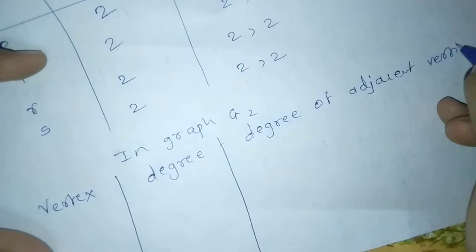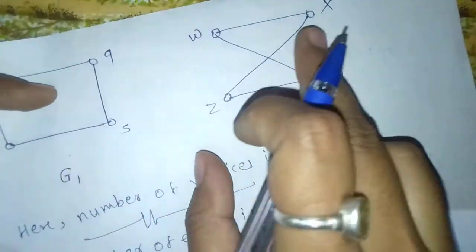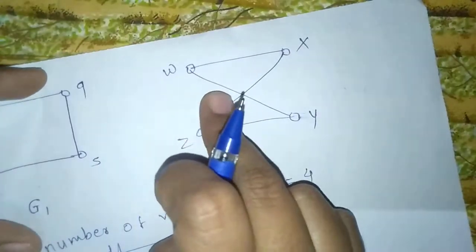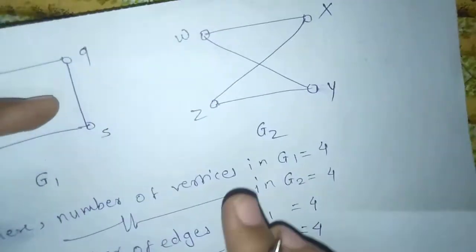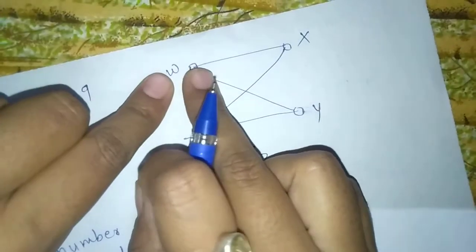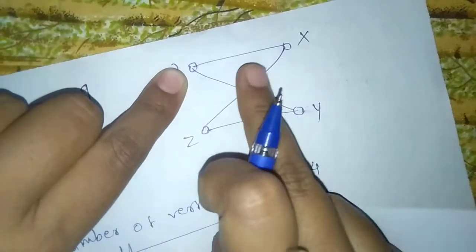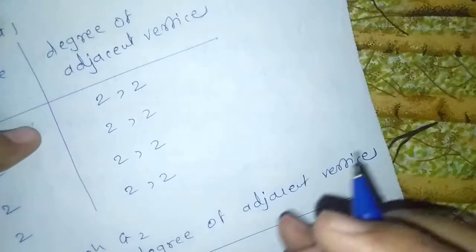Vertices of G2: W, X, Z, Y. Degree of W is 2. And the adjacent vertices of W are X and Y. So degree of X and Y are 2, 2.